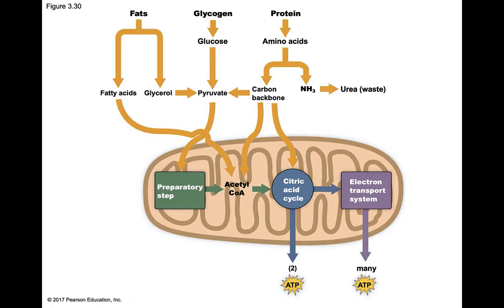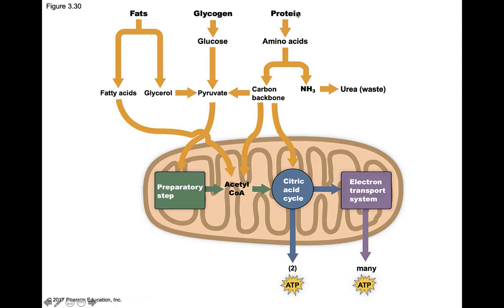Now here, once again, we're looking at just an overview, but this is a little different because I want us to take a look. Notice no new metabolic pathways here. I see fat. I can get energy as acetyl-CoA from the fatty acids. I see glycerol going in as pyruvate into the prep step and so on. We already know what glucose does.